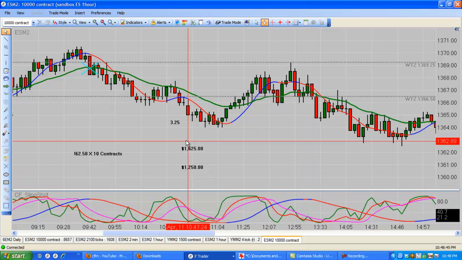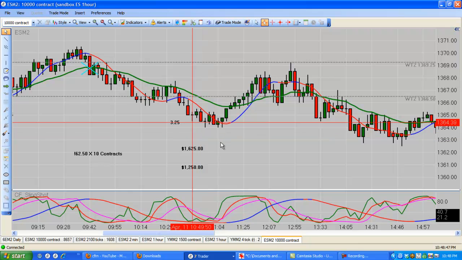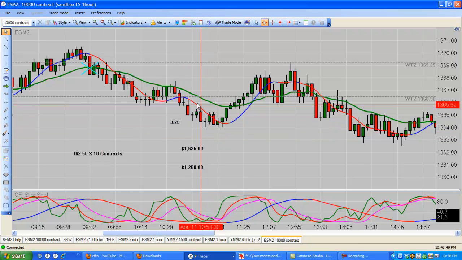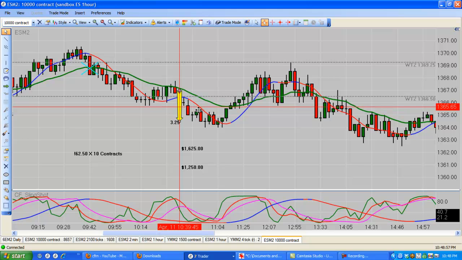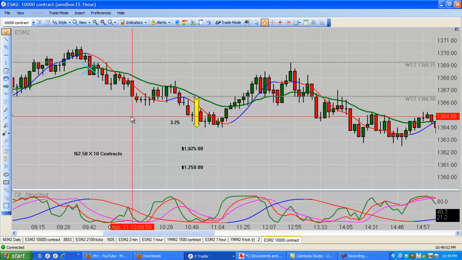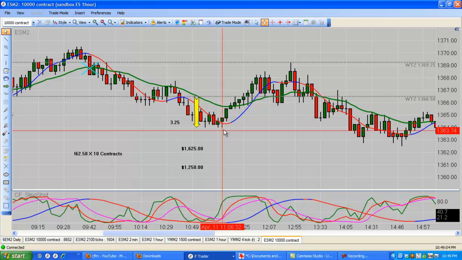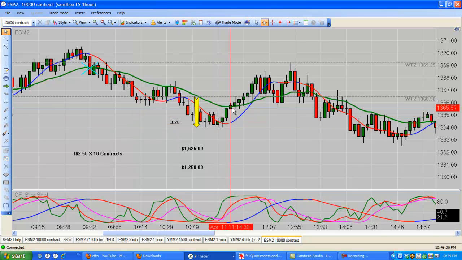All right. So this trade happens, you get what you get, but we know that the move down, the maximum is 3.25 points. Okay, couldn't get any more out of it than that, but you could get 3.25. We pull back here.